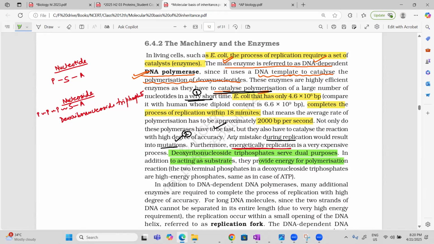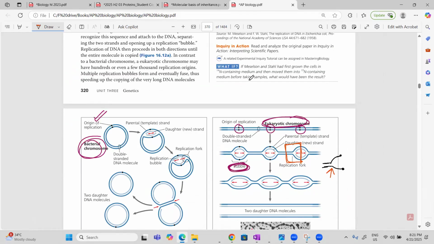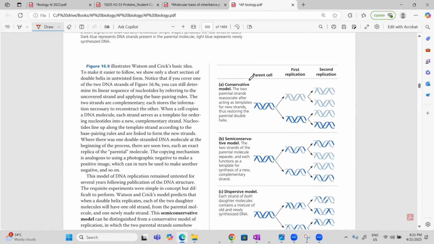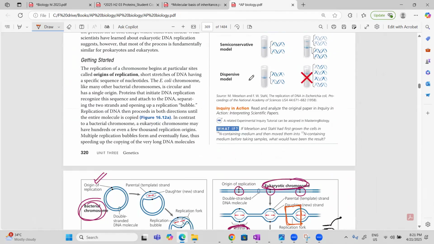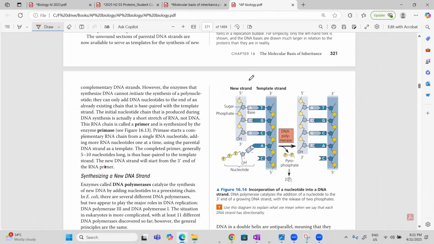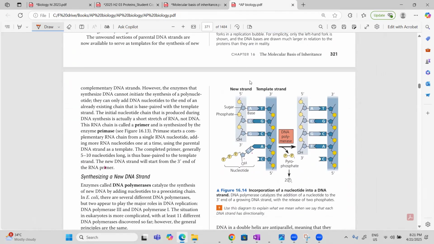Now let me show you from another book. See here. This is a DNA nucleotide triphosphate.